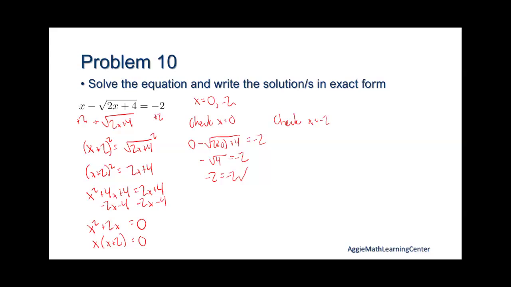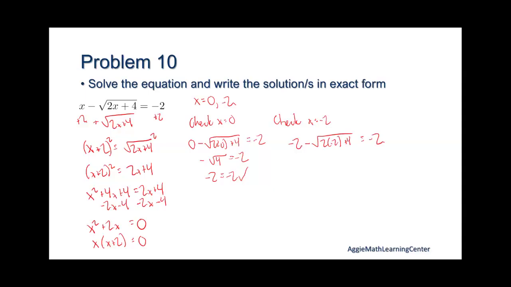You go ahead and check x equals -2. Okay, so you're going to plug that into our original. So we get -2 minus the square root of 2 times -2 plus 4 equals -2. What's our first step in simplifying this down to check it? 2 times -2 inside the square root.